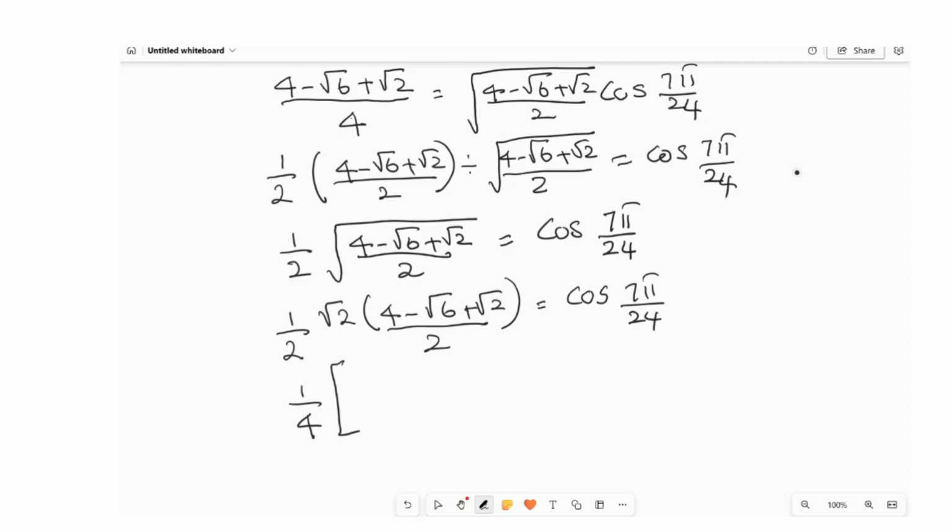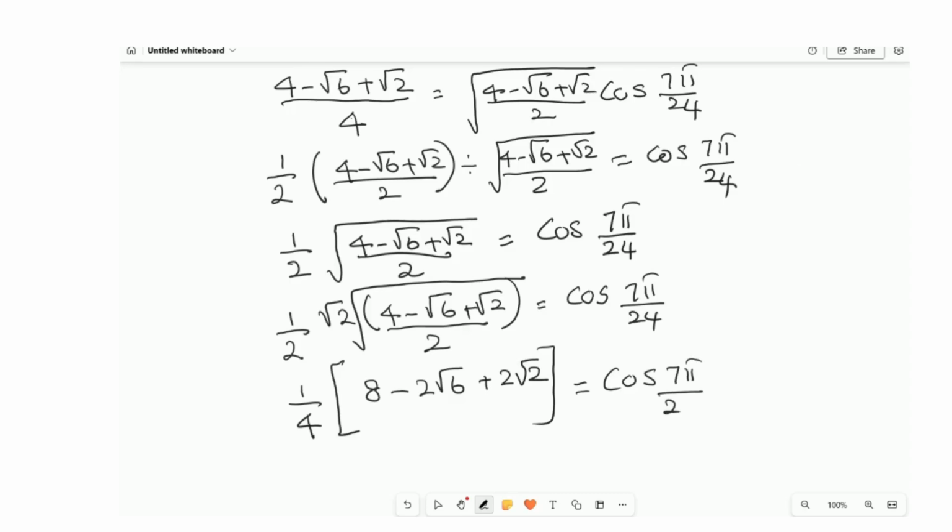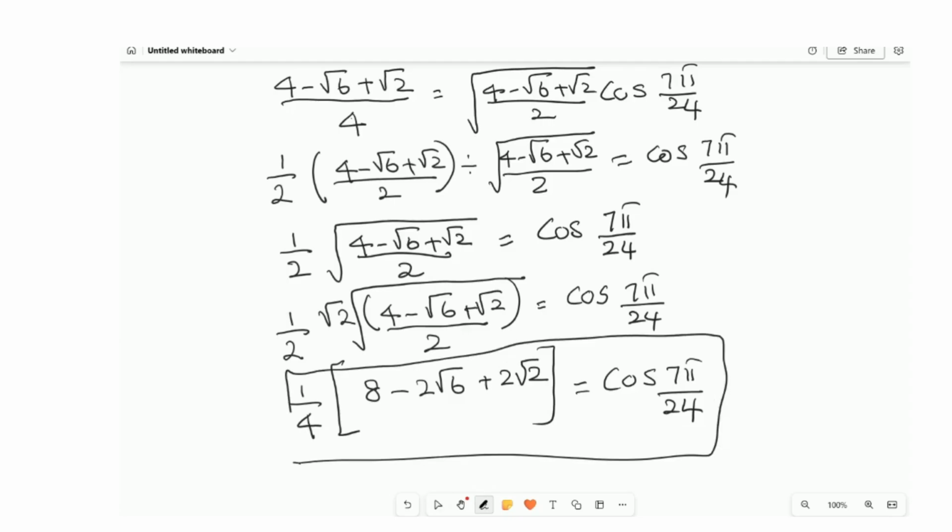When you multiply by square root of 2, this becomes 8 minus 2 square root of 6, then this one becomes 2 square root of 2, divided by 4. This is equal to cos 7 pi divided by 24. So this is what we have to prove.